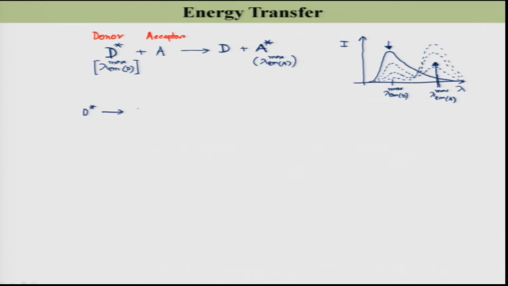So, I can write D star to D plus h nu, and then this h nu is somehow being absorbed by this A molecule to take A from the ground state to the excited state. So, I have first radiative emission of this photon and this photon is being absorbed again by this acceptor A. So, this is a two step process and this is known as radiative energy transfer.